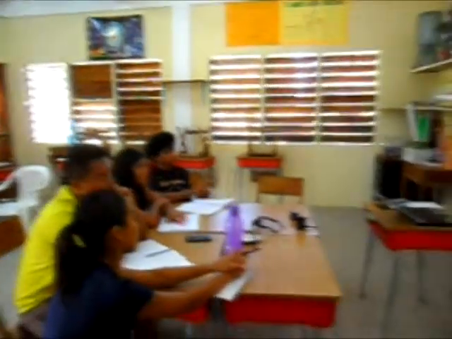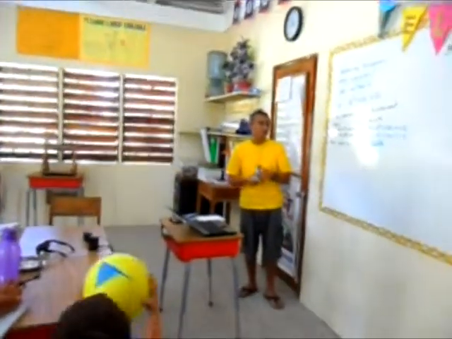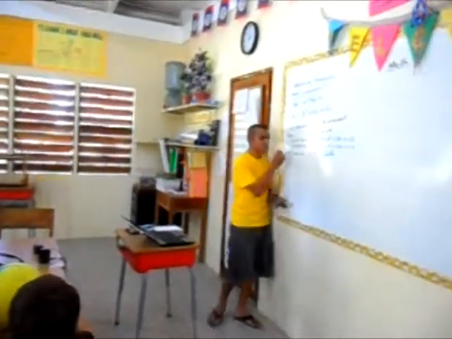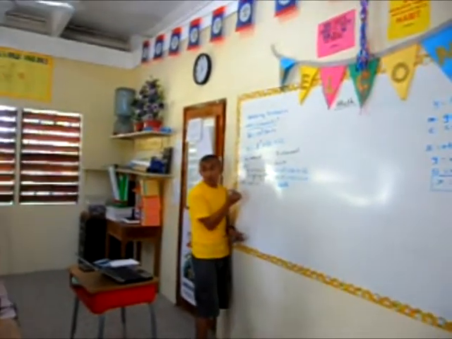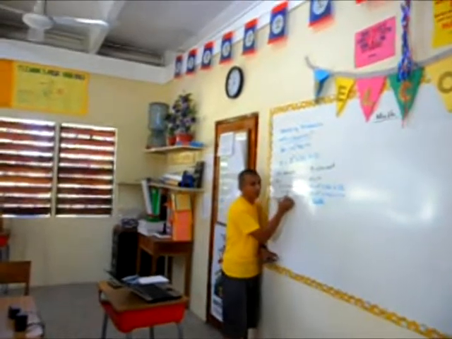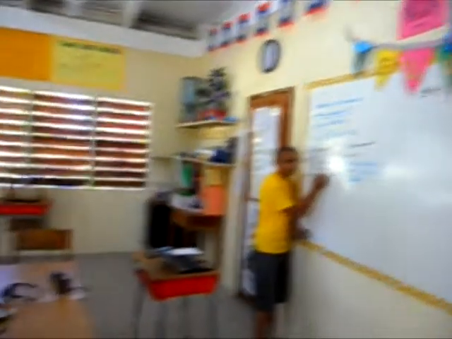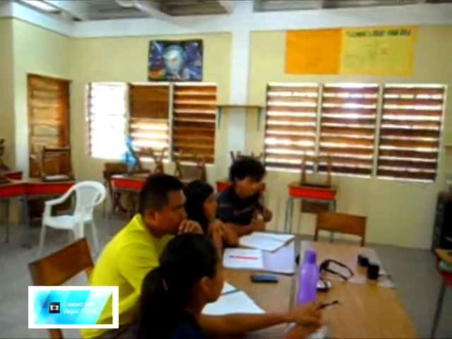So you need two numbers that when multiplied give you 12, when added give you plus 7. What are the two numbers? 4 and 3. So the two factors are going to be x plus 4 and x plus 3.